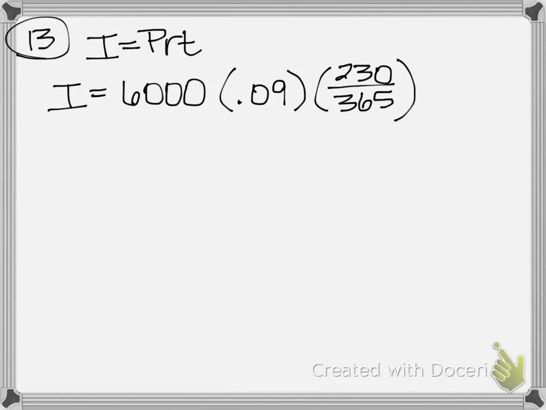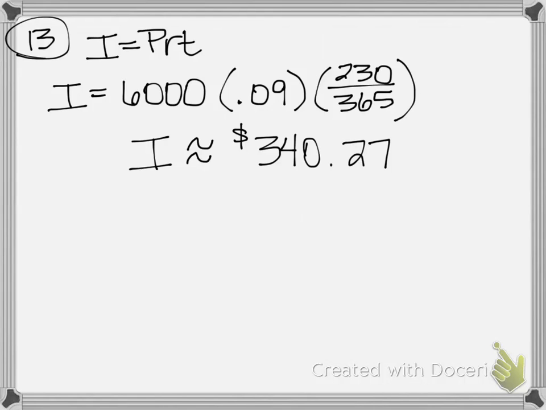And I got the interest is approximately, and since we're talking about money, I assume we round to the nearest cent. Yeah, so 2 decimal places. I got $340.27. So that's how much interest.